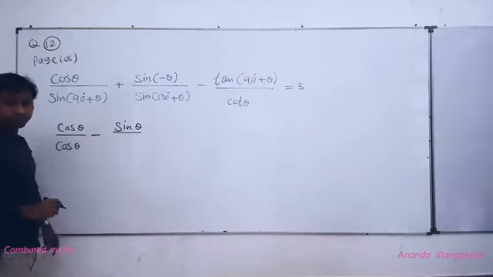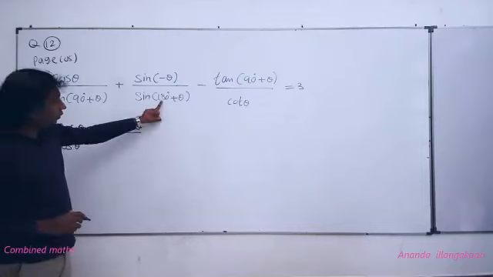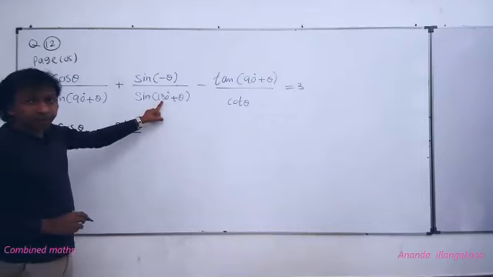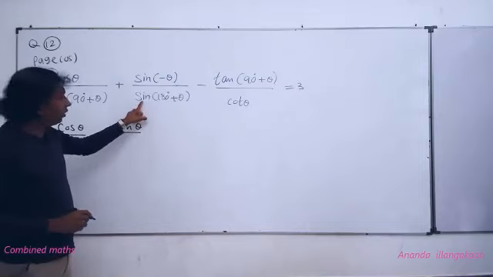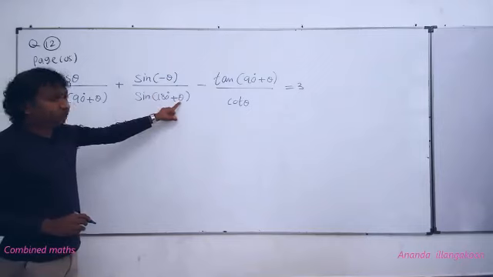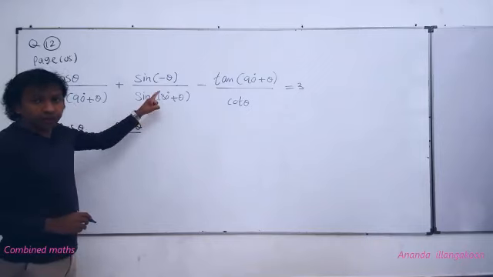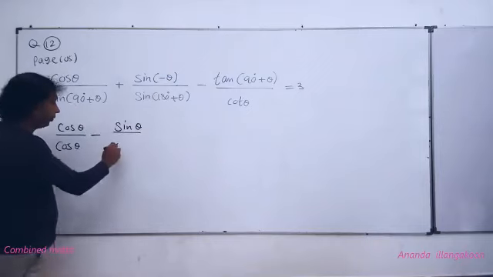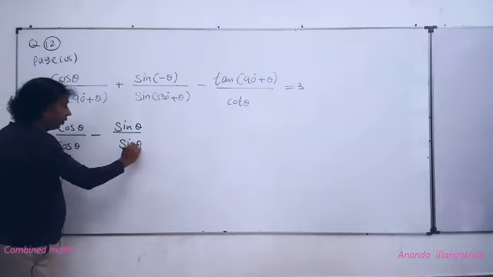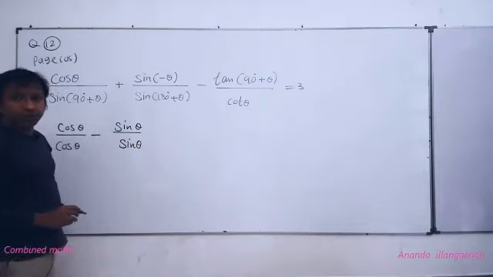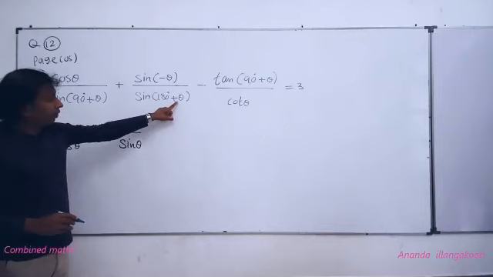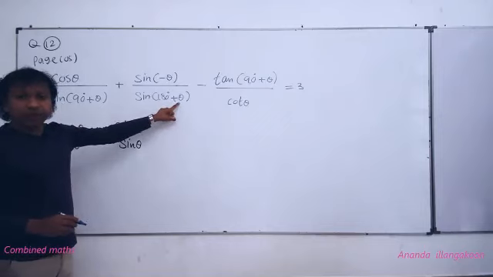And here, look at this. The first angle is on the x-axis, so the ratio does not change. The answer comes as the same ratio, sine theta. But one more thing you have to consider: 180 plus theta is in the third quadrant.